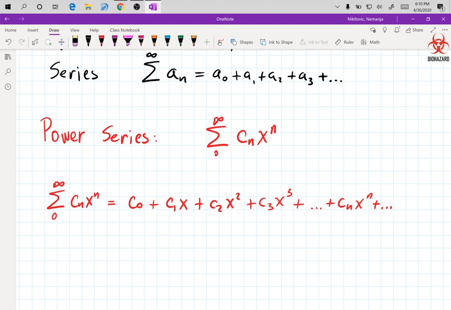All of the polynomial powers you ever learned are here, ordered through n: 0, 1, 2, 3, 4, all the way going to infinity. This is a kind of infinite polynomial, a different creature than what you're used to, because now we don't have the highest leading term. It just keeps going and going and going.